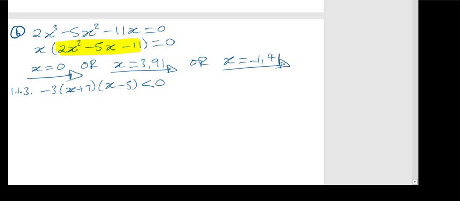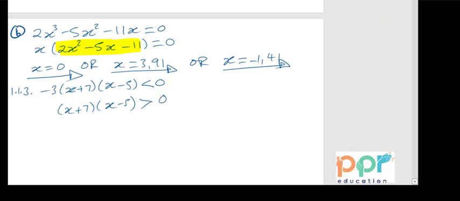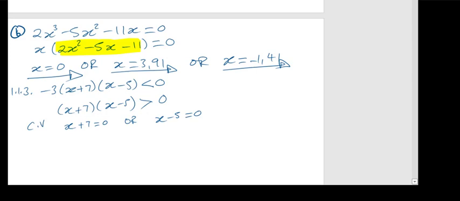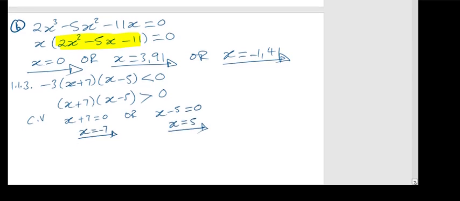Remember, if you divide by a negative number, the inequality sign changes direction. So x plus 7 into x minus 5, this sign will change, 0 divided by minus 3 is 0. Now let me find my critical values: x plus 7 equals 0 or x minus 5 equals 0. So x equals negative 7 or x equals positive 5. Then I need to put this on a number line.